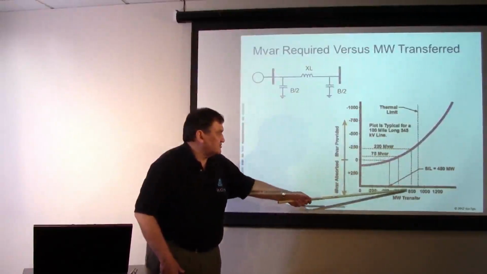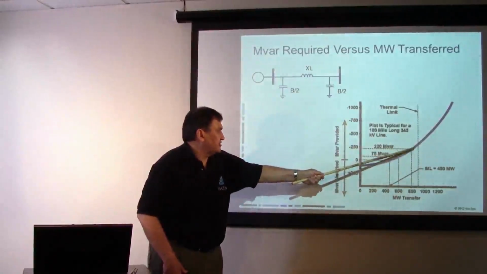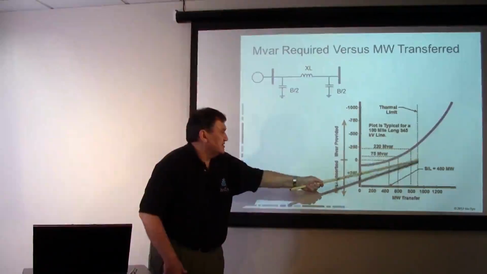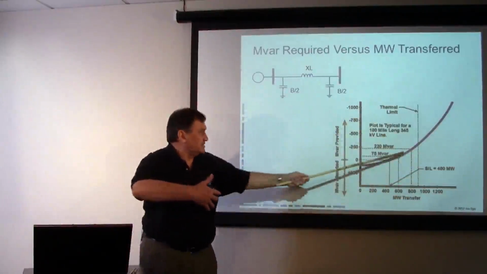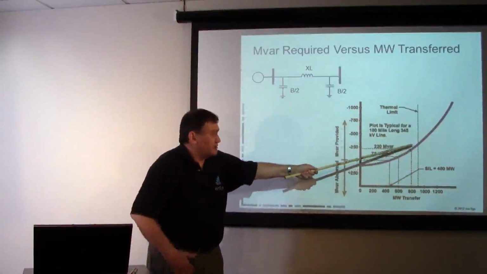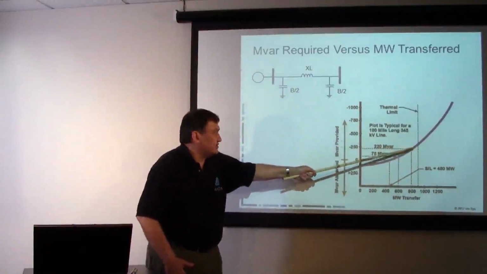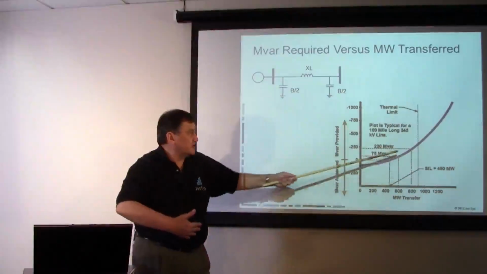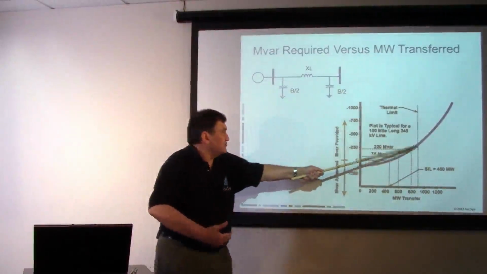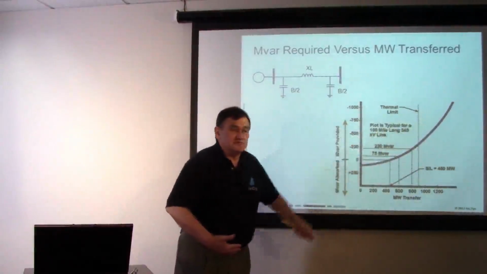If we're at twice the surge impedance loading here, we'd be going from about 220 megawatts. But then as we double the flow on that remaining line, we're going up as the quadratic. We're increasing the megawatts by 4 times the amount.